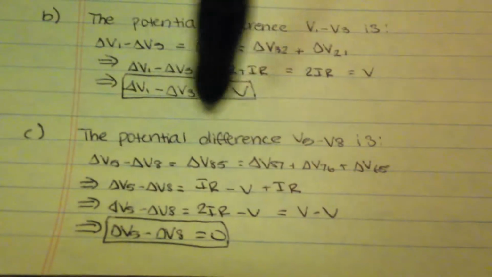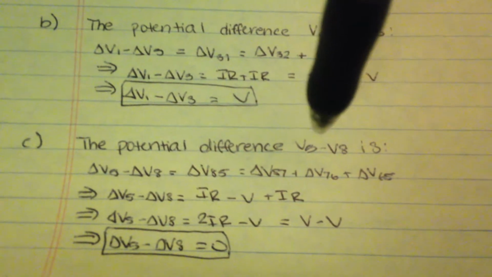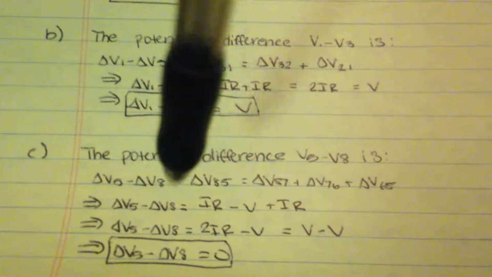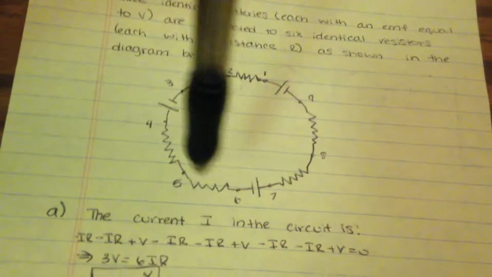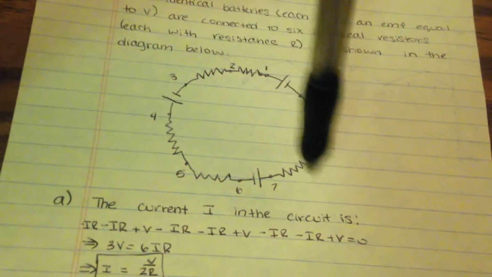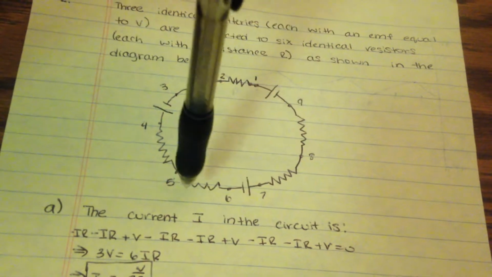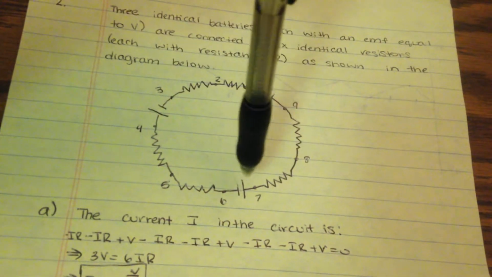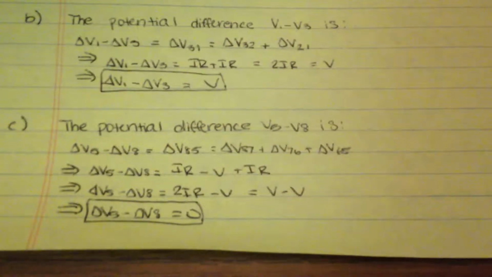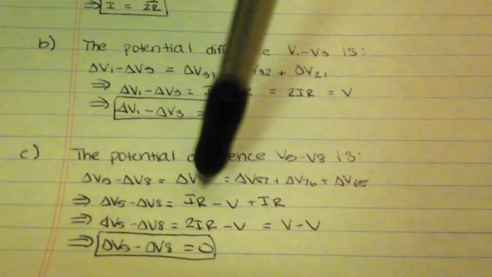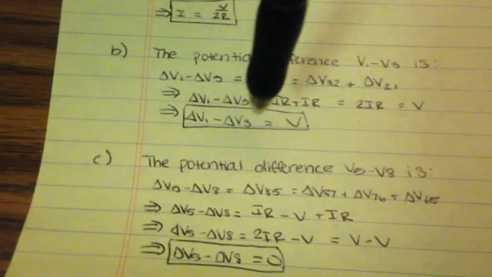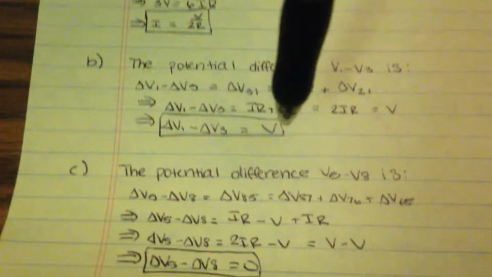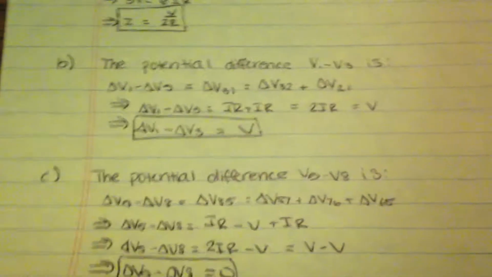So now the third part is the potential difference V5 minus V8. You do the same delta V manipulation up here, but you go back and look over your diagram. So you're passing over 2 resistors and 1 battery. So you're going to have 2 IR terms and 1 V term. So you're going to have IR minus V plus IR, and depending on which way you go, you could have positive IR or negative IRs.